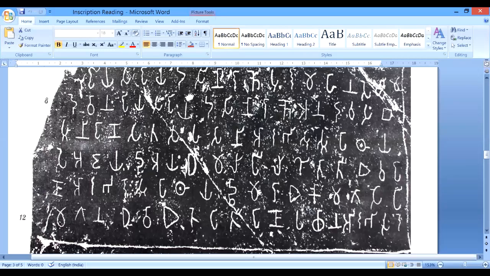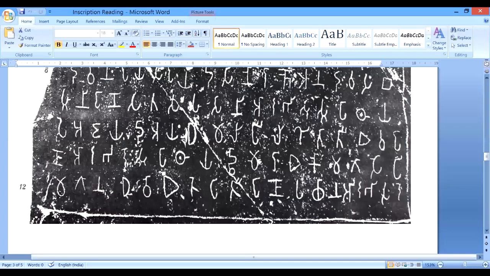Okay, here is no avagraha. Topi. Maggo. Here the okar is very clear. Maggo. And look at here, the okar in the reverse order.